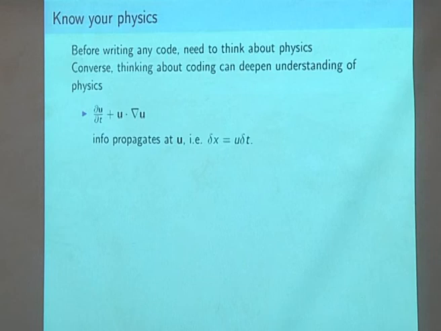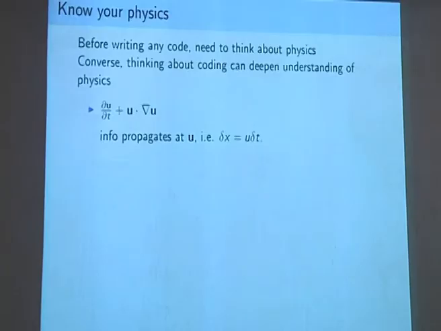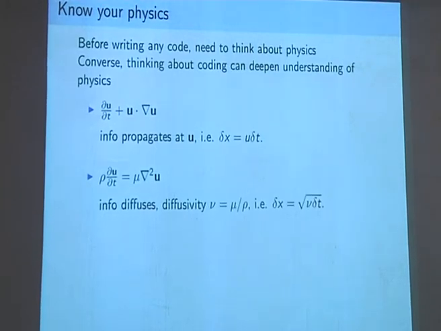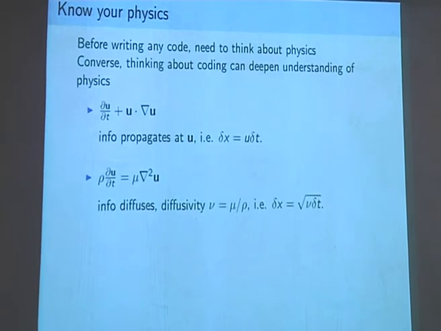You might, in designing your numerical calculation, want to make the spatial grid smaller than u delta t, so information doesn't jump way down the grid. It only moves a little distance each time, and a little distance is measured by the spatial resolution. Or in other words, you might want to reduce the time step so information doesn't go too fast across the grid.